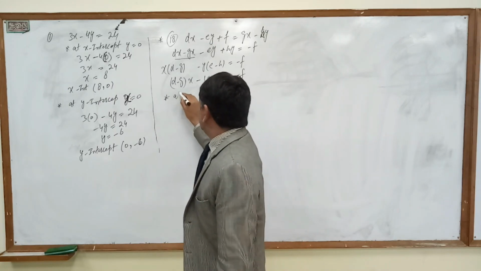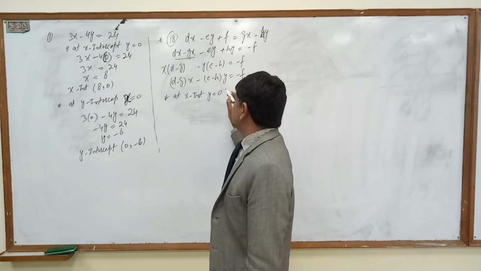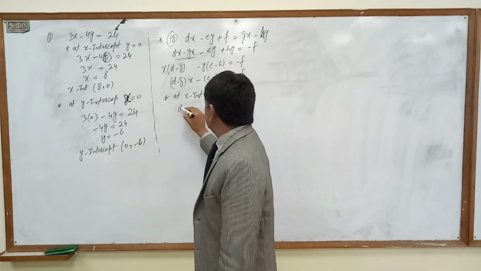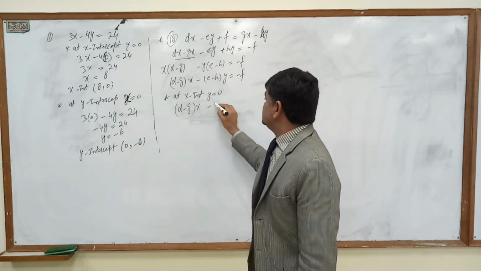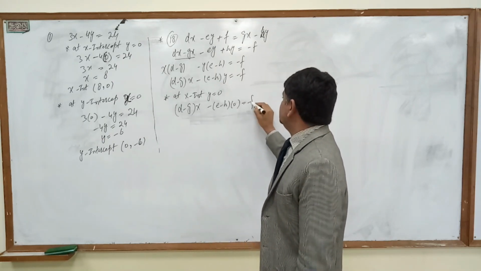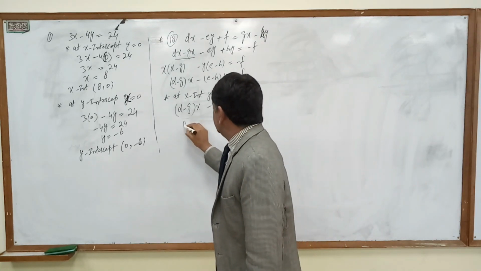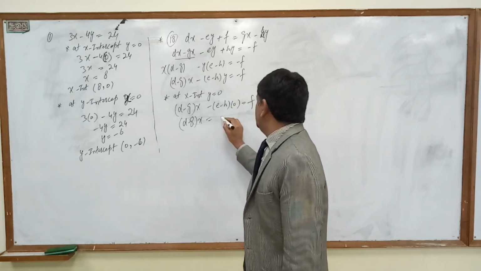At x-intercept, y is equal to 0. So d minus g into x minus e minus h into 0 is equal to minus f. So d minus g into x is equal to minus f.